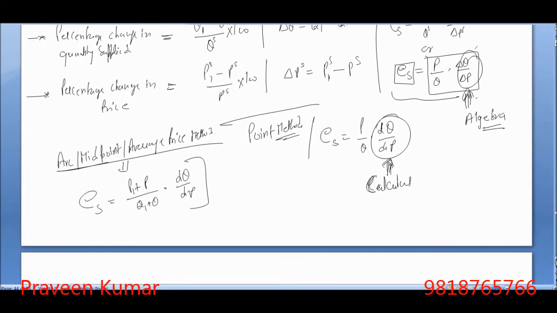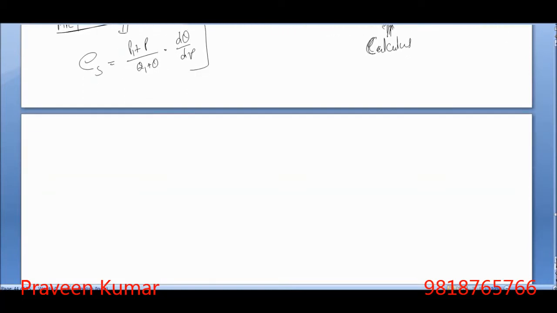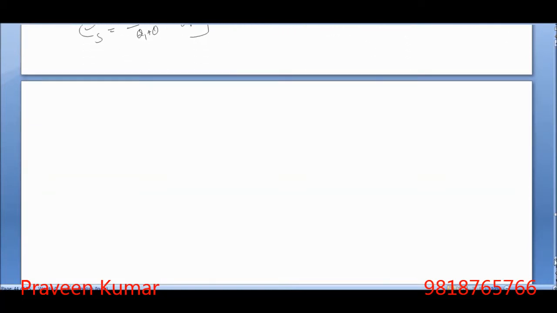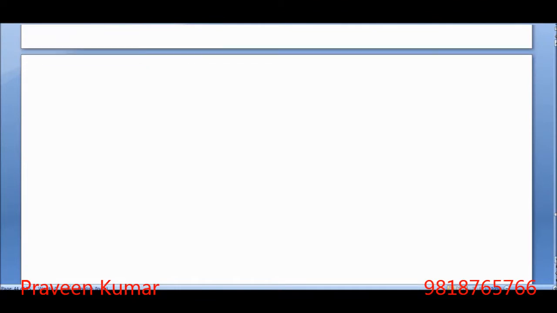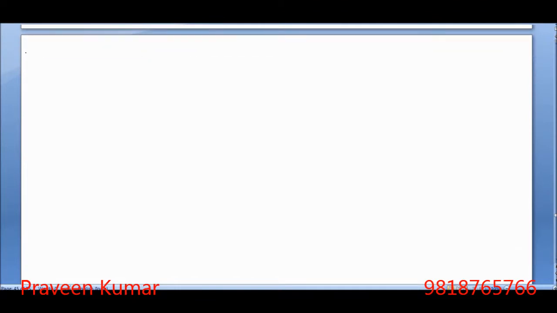So let's see the graphical presentation, how graphically we can calculate elasticity of supply. What are the different curves of elasticities of supply, or you can say degrees of elasticity of supply.